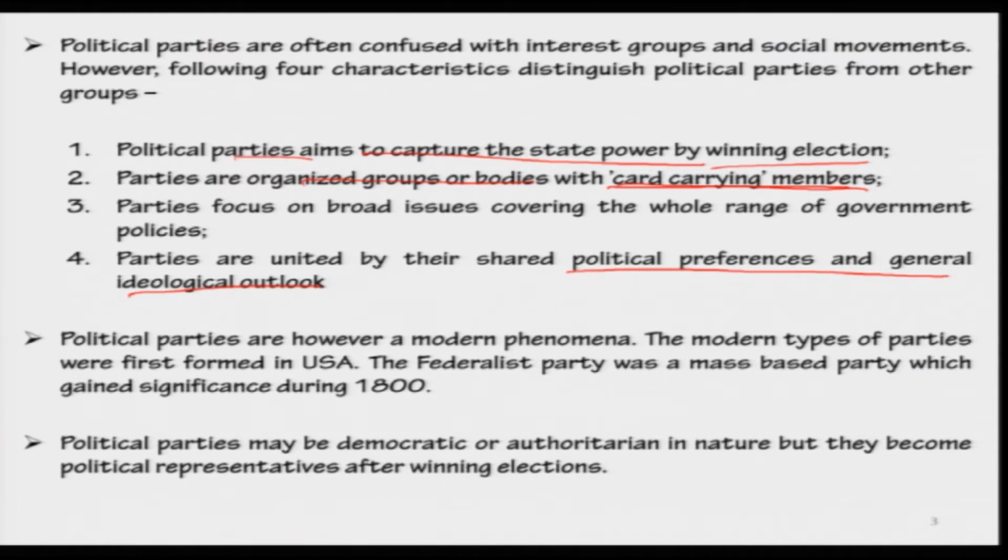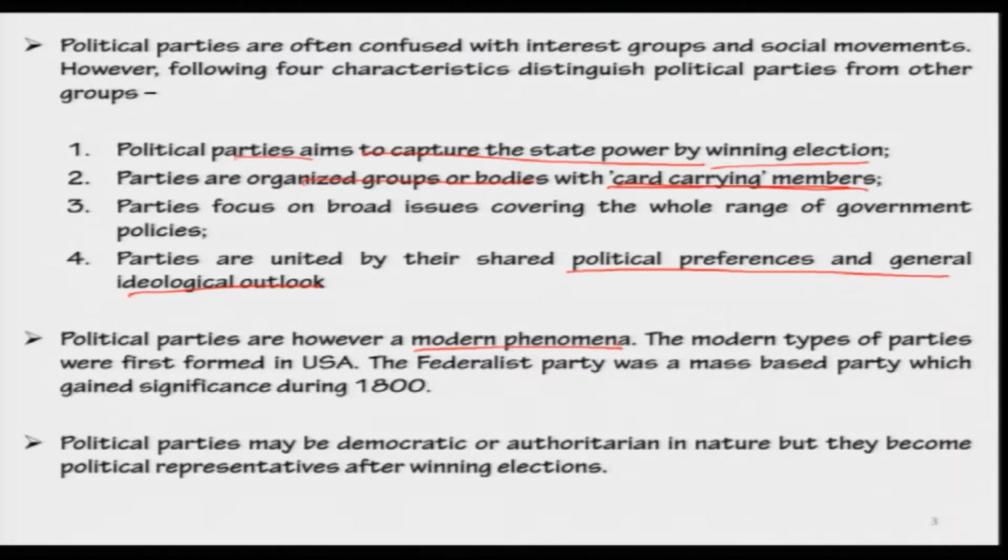All the parties, ranging across the ideological matrix of left, right and center, will have some kind of cohesive general outlook to which their leaders and members subscribe, and that is a kind of unifying factor in a political party that helps in the effectiveness of the organization and their ability to mobilize masses when they have certain political preferences and general ideological outlook clear among their leaders.